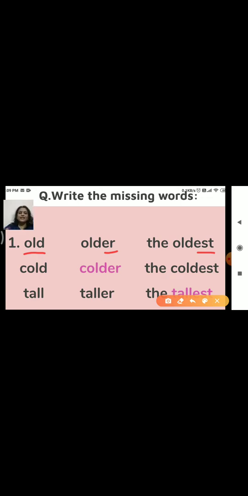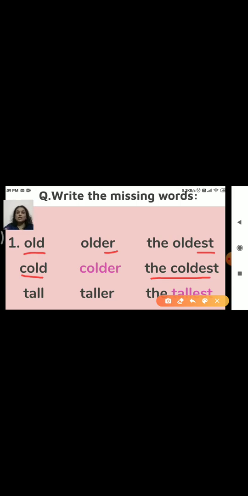Followed? Then the second one, cold. Now in your book it is a dash there and then it is written the coldest. Okay, cold dash the coldest. Now this means we have our positive degree, cold, and we also have our superlative degree, that is the coldest.